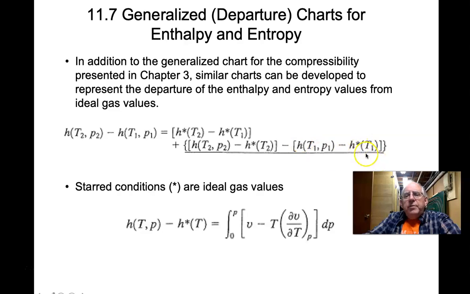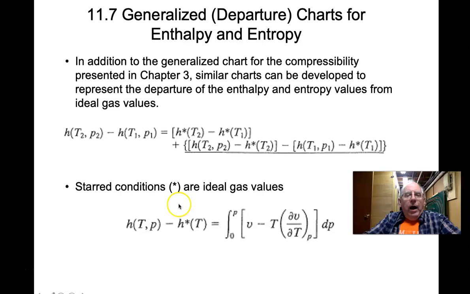And so at state point 1, we determine the ideal gas value of enthalpy and subtract it from the real gas enthalpy at state 1. And so if you want to think of them, these are corrections or these are departures of the behavior with respect to the ideal gas behavior.